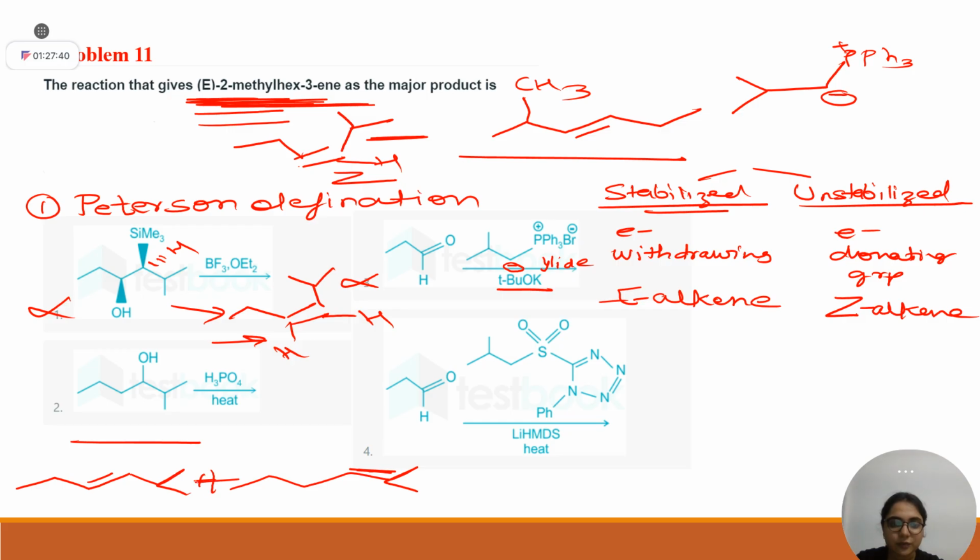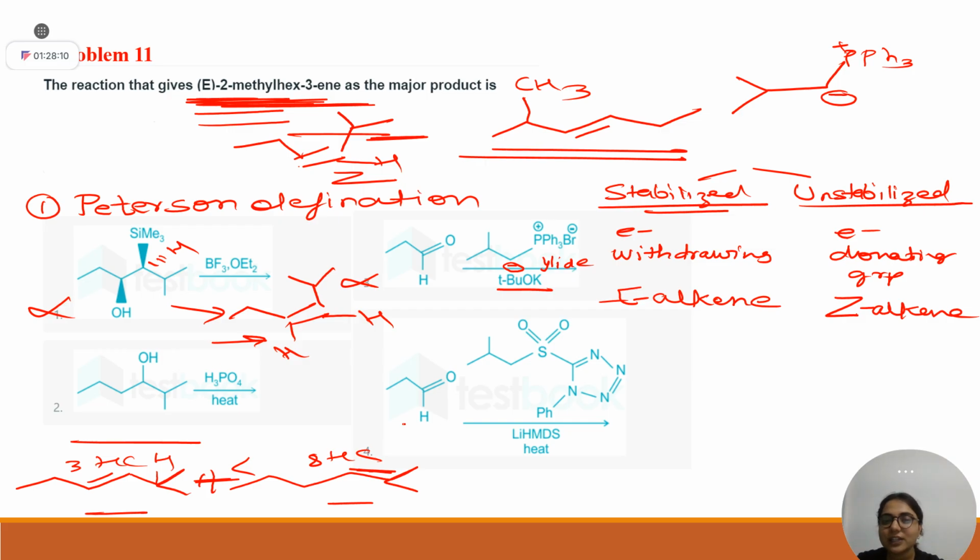This plus is for those two products. Now let's check hyperconjugation. How many hyperconjugation here? Three and eight. This has more hyperconjugation, so obviously this is stable. So it will give me this alkene as the major product.